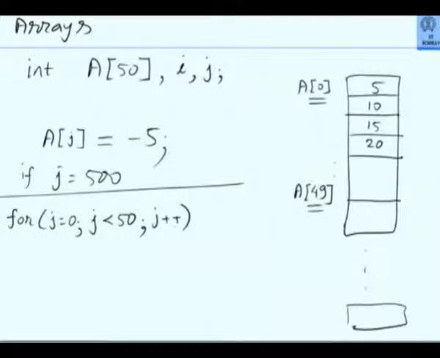Please remember, for an array, if you want to scan all elements, or do something with every element, the simplest thing is to set up a loop for some variable equal to 0 to n minus 1. So j less than 50 means this loop will execute 50 times: 0, 1, 2, 3, 4, 5. That is fine. Now I have to say something like aj equal to how much?